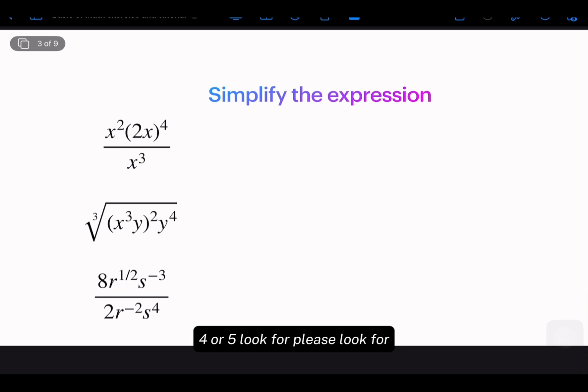Group 4. Who is group 4? Anyone to try? Maybe here.